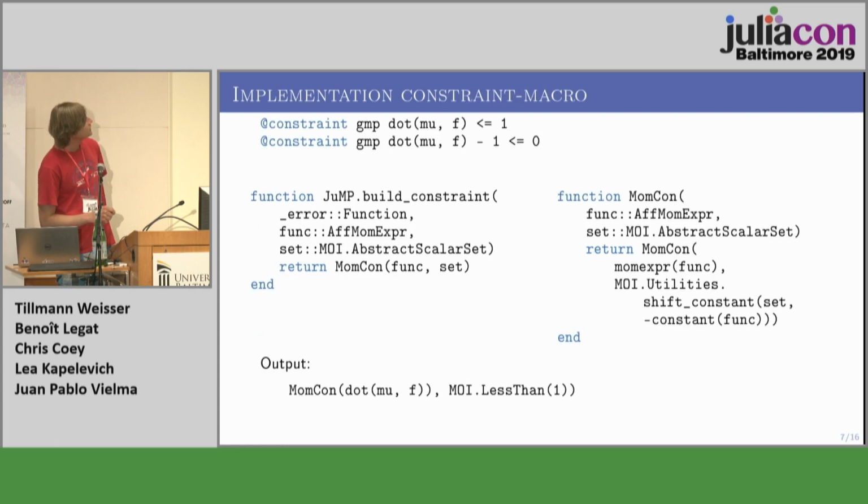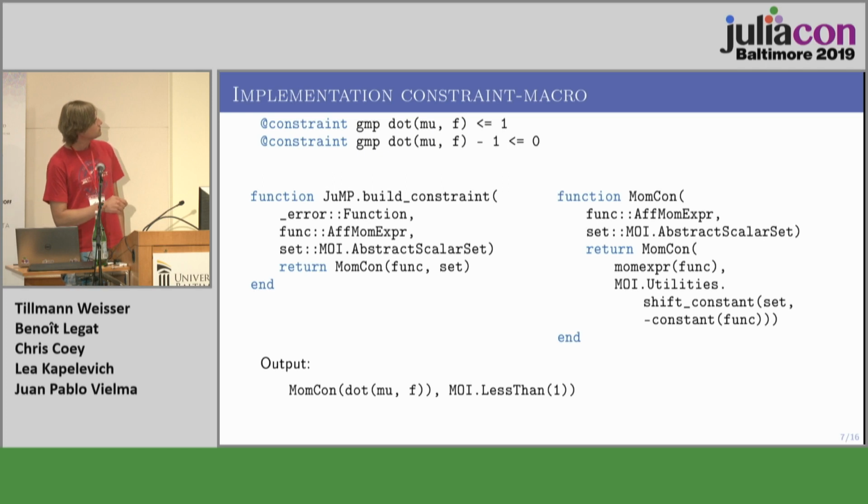For the constraints, you have to work a little bit more, because usually you would probably enter your constraint like this: my moment here is less or equal than 1. But what happens in JuMP when it parses the macro is that it creates an affine moment expression. So it would rather bring the 1 to the other side.